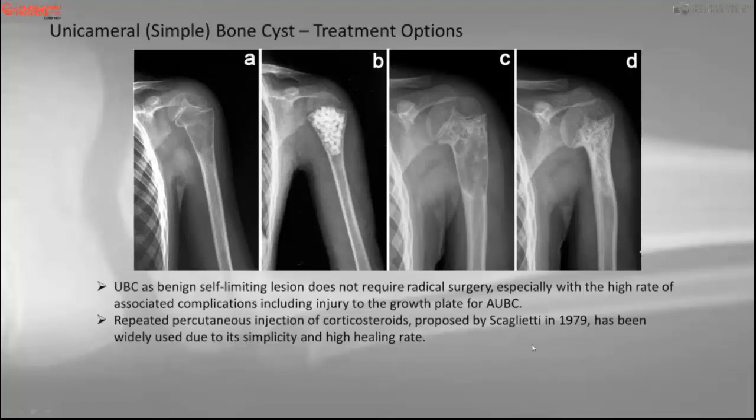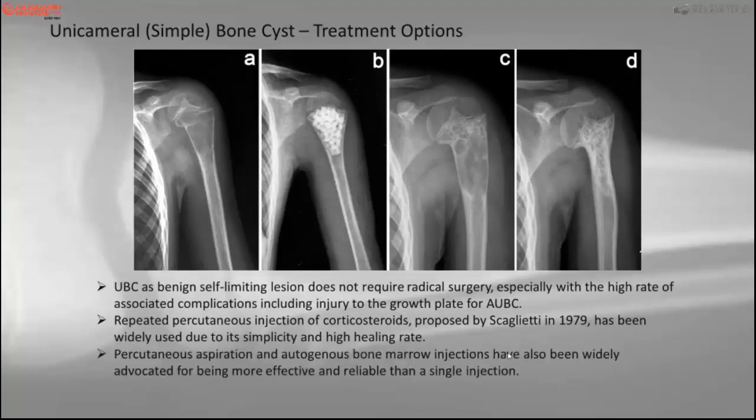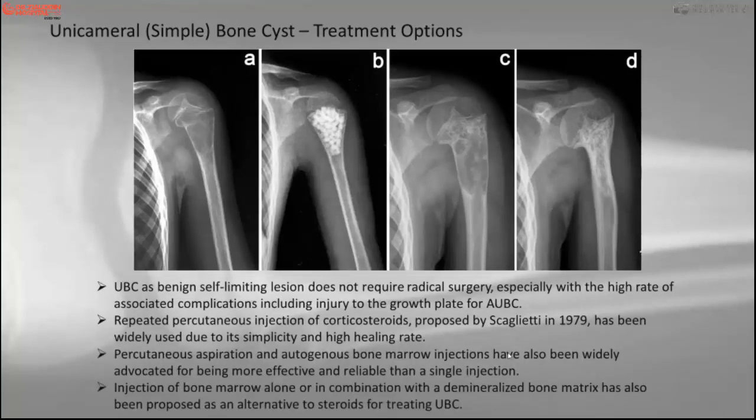Scaglietti in 1974 proposed multiple steroid injections, and they have been effectively used because of their simplicity and high healing rate. People have also used bone marrow alone or in combination with demineralized bone matrix as an alternative to steroids for treating unicameral bone cysts.